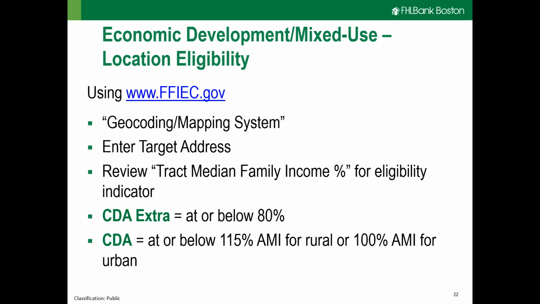And we basically enter the address into the system, and it will give us a determination. To the extent that that determination is at or below 80%, if you're trying to get approval for the CDA Extra, then it would qualify, and the same would apply in determining whether it's in an urban or rural area that's eligible on the CDA side.